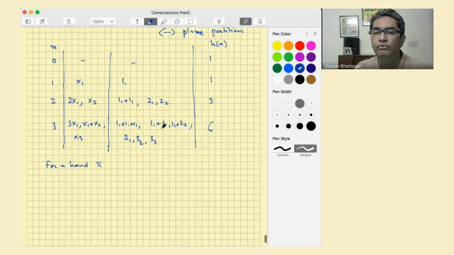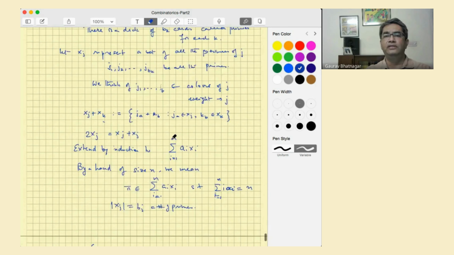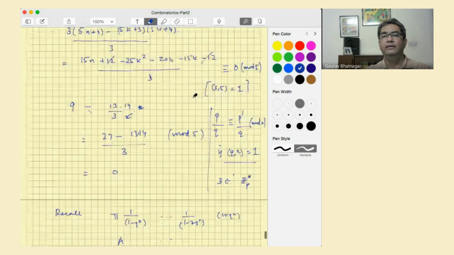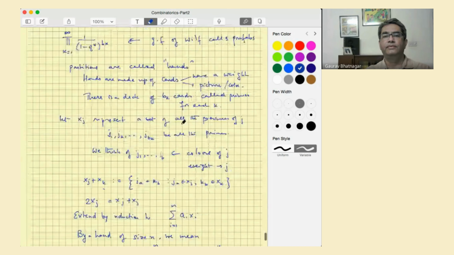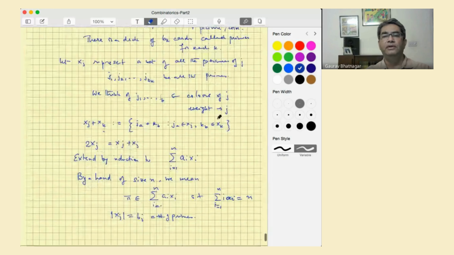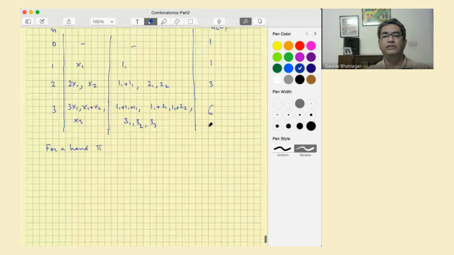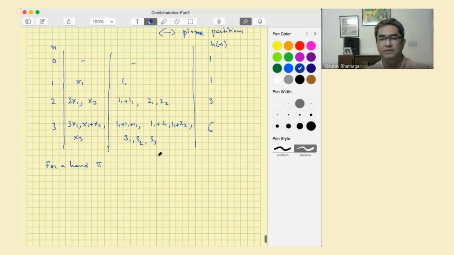So the weight is 2 and the color is 1 here. Weight is 2 and color is 2. So now you understand all this terminology in whatever Wilf is talking about: colors, weight, picture, and all that. And this can be handled as easily as we were doing earlier.